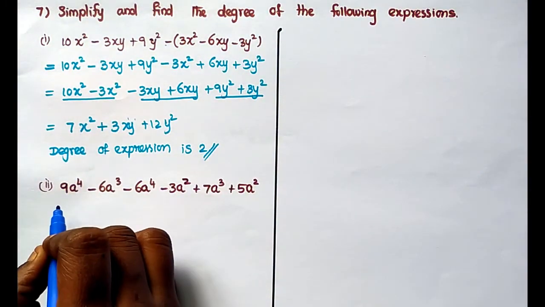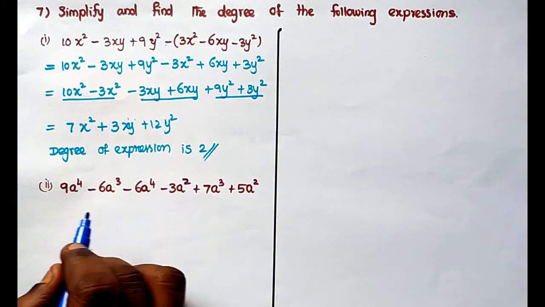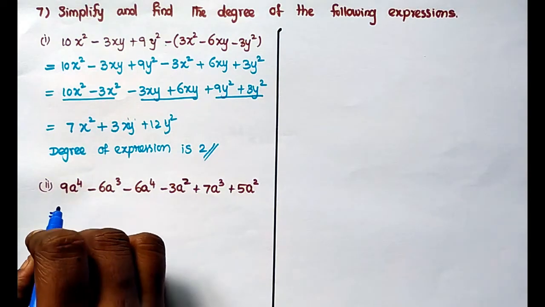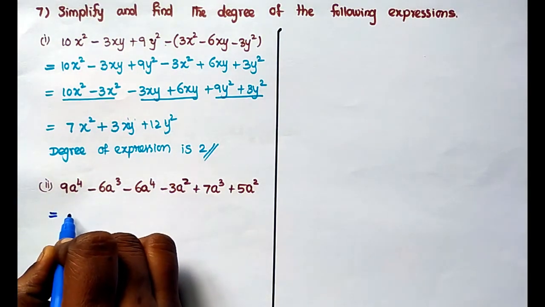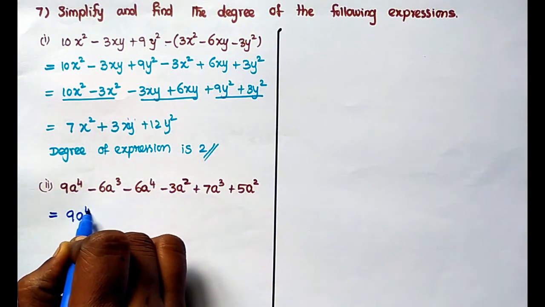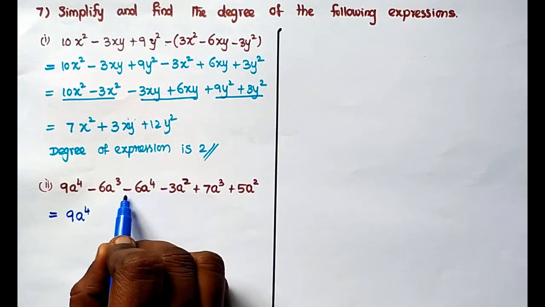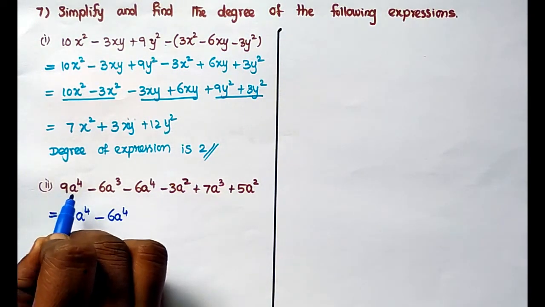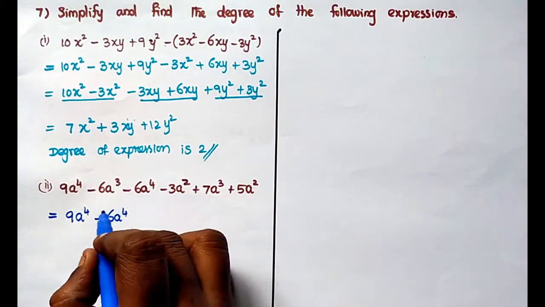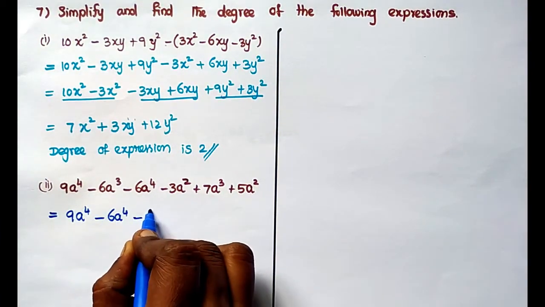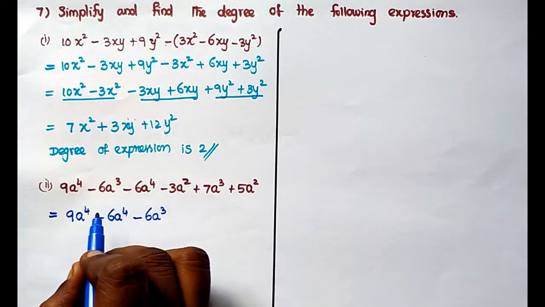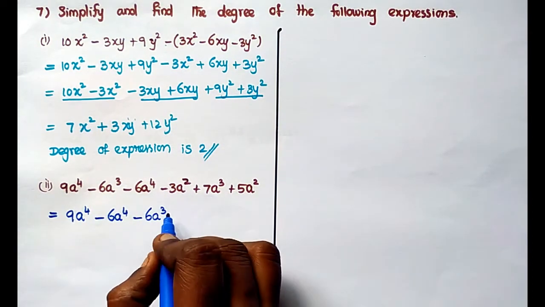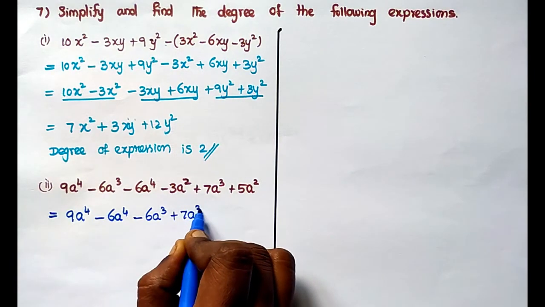Listen the second one, there is no bracket, so we assemble the like terms and simplify that. Listen, 9a power 4, a power 4 minus 6a power 4 is there. So a power 4, write down. Next, minus 6a power 3. Is there any other a power 3 here, so plus 7a power 3.